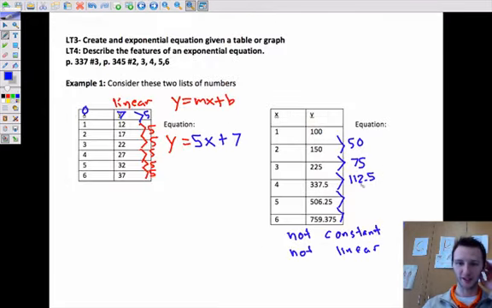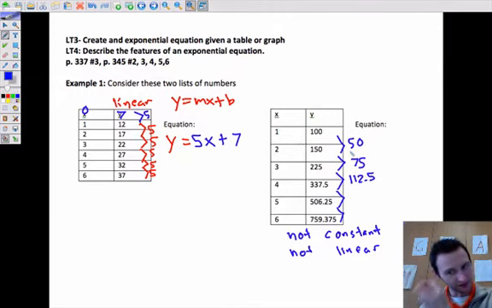Let's go back to here. If we're looking at our equation, it's going to be of the form y equals ab to the x. We first need to find our multiplier. We know that it's not constant, so it's not going up by the same amount each time, but we need to find the multiplier.